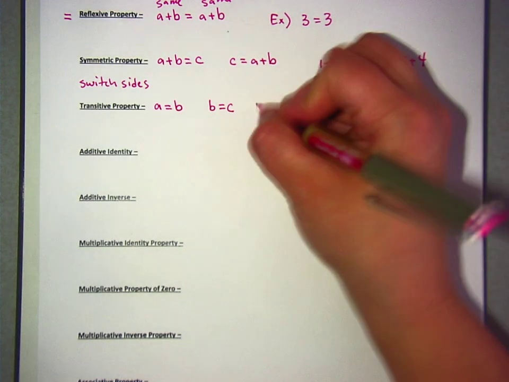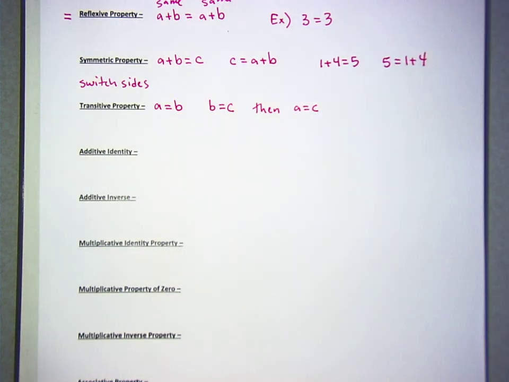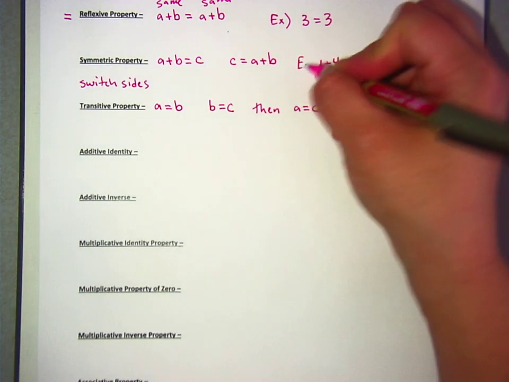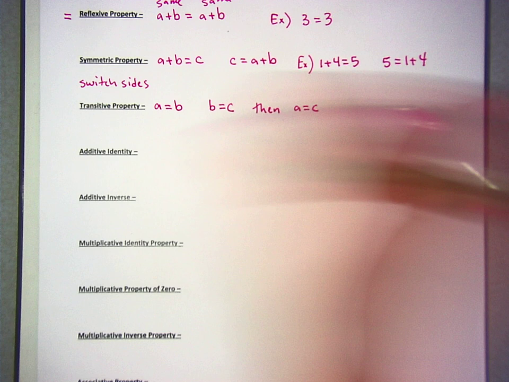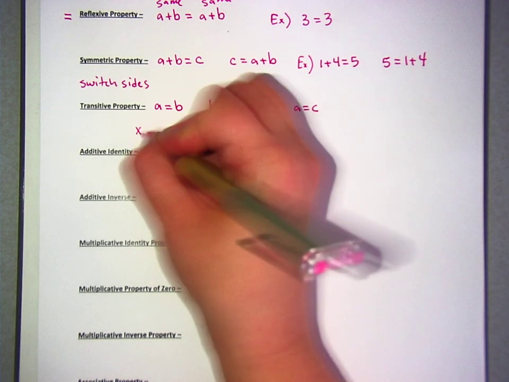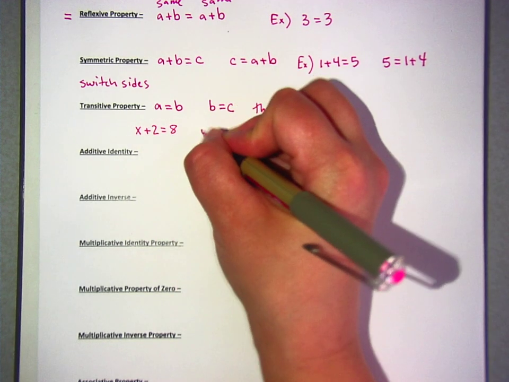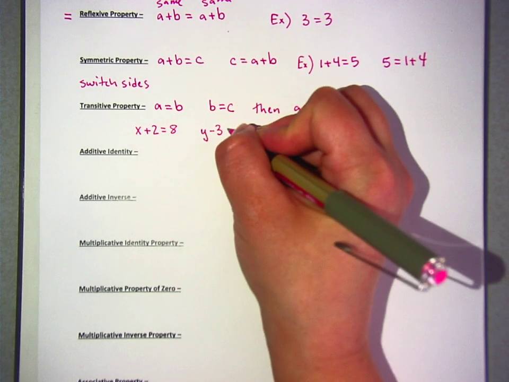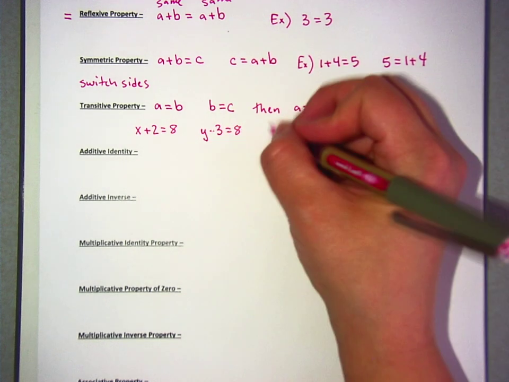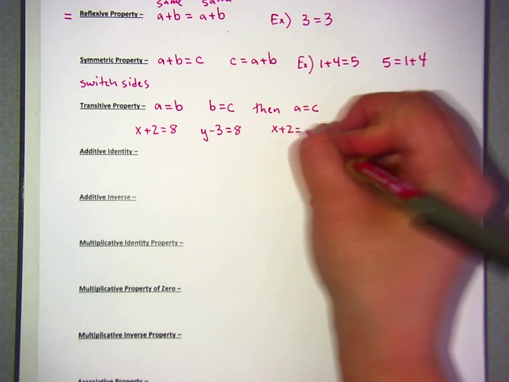Then A equals C. This is kind of pointless to do with an example, unless you're solving for something. So if x plus 2 equals 8, and also y minus 3 equals 8, then since those both equal 8, x plus 2 equals y minus 3.